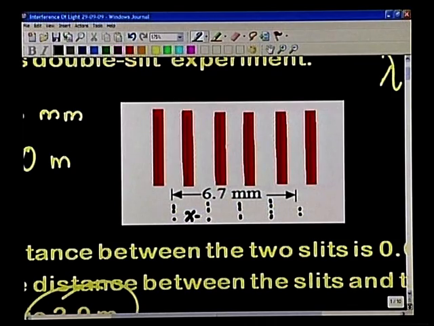This is x. In other words, x is either from here to here. Alright, so this distance is x.